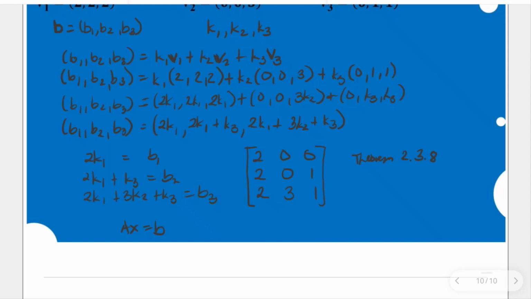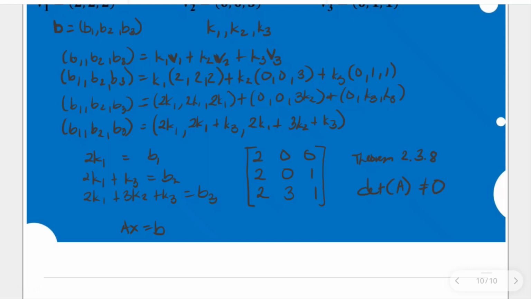Theorem 2.3.8 clarifies that, aside from AX equals B being consistent, we only have exactly one solution if and only if the determinant of matrix A is not equal to 0.